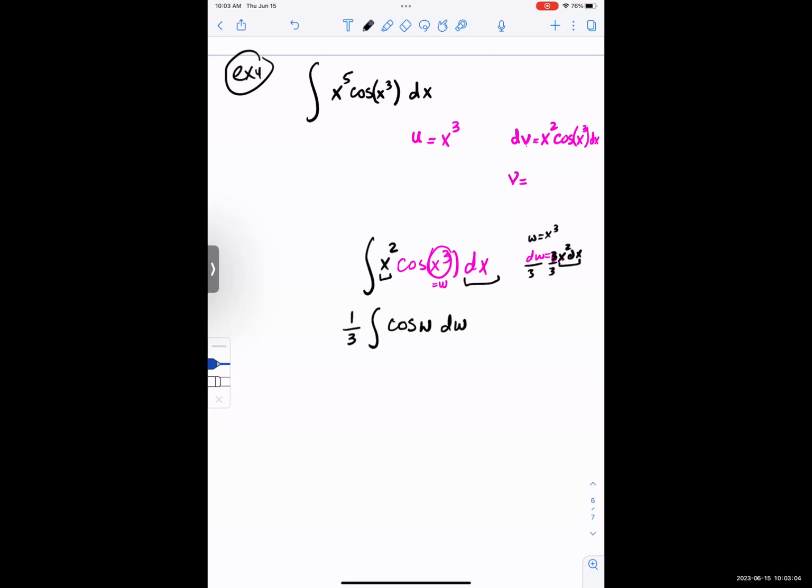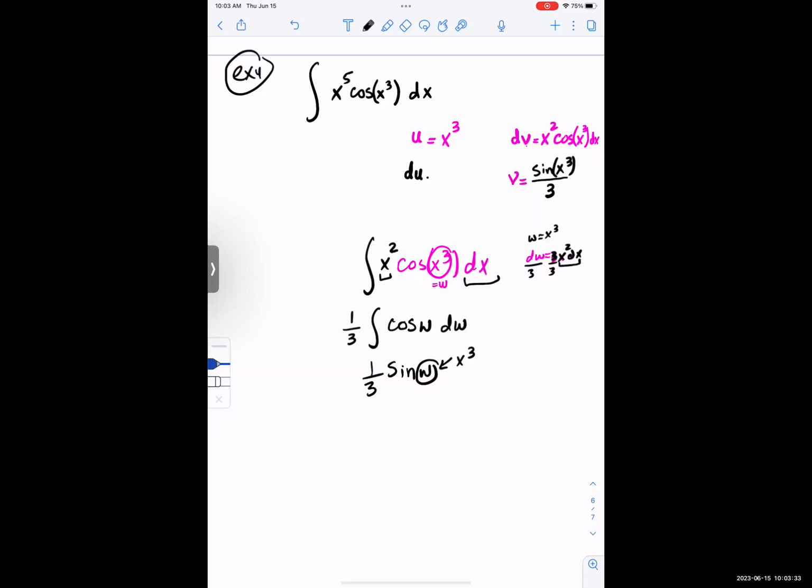So then the antiderivative or integral of cosine is sine, so it's sine w, and then I have the 1/3, and I replace w by x cubed. So up here now for v, I have sine x cubed over 3. Isn't that amazing?